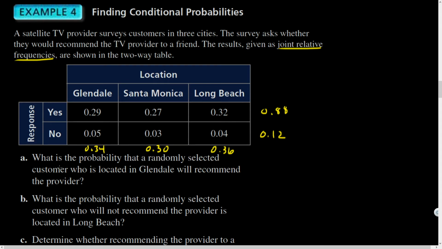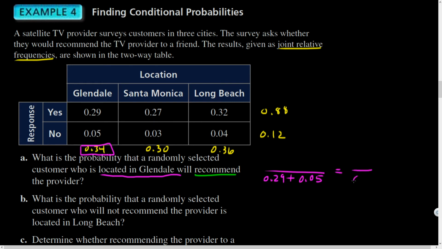So here's the question. What is the probability that a randomly selected customer who is located in Glendale, all right, and so that's my reduced set of outcomes, given that they're located in Glendale, that they will recommend. Okay? And so in this scenario, the number of people that are all in Glendale are the 0.34. And I could have actually done this as 0.29 plus 0.05 if I didn't write the marginal relative frequencies on the outside.